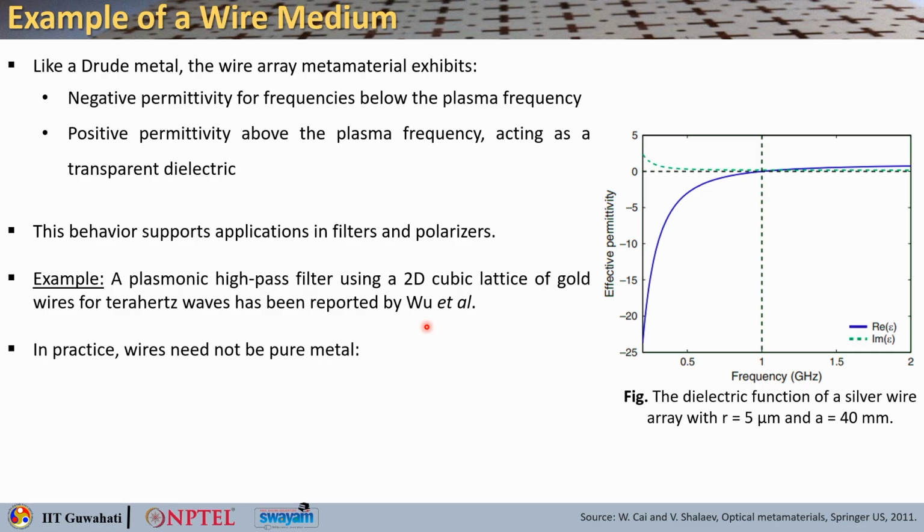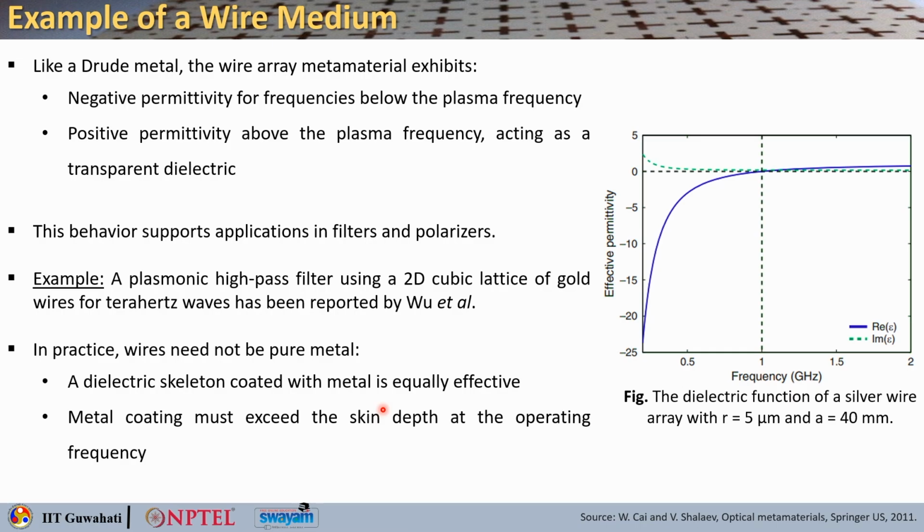Now, it is also noteworthy that in practical applications these wires do not necessarily consist of pure metals. Instead, you can think of a dielectric skeleton forming the lattice, coated with the desired metal, and that will work equally well as the pure metal case as long as the metallic coating is thicker than the metal's skin depth at that operating frequency.